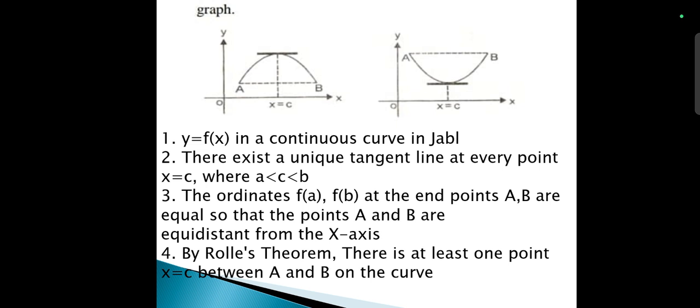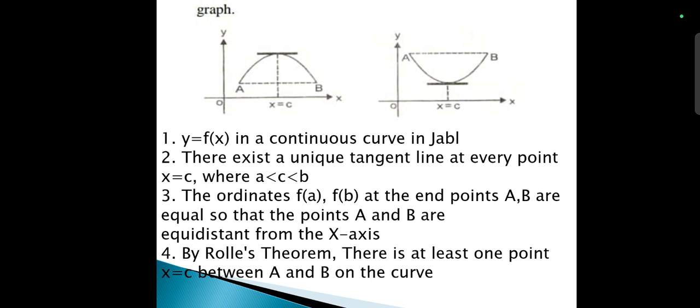Then there is a continuous function from a to b, and at x is equal to c it is the highest point. In the next graph, they took the x and y axes, and from the origin O they took a to b. From below, x is equal to c. The point is touched at x is equal to c in both graphs.